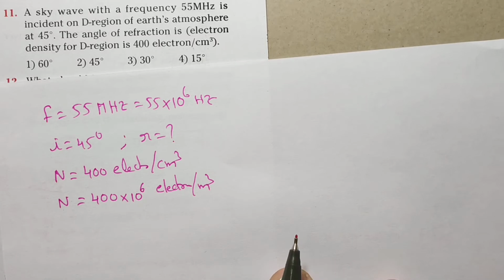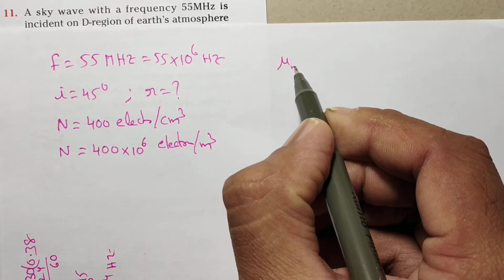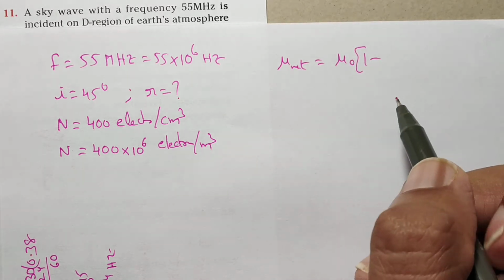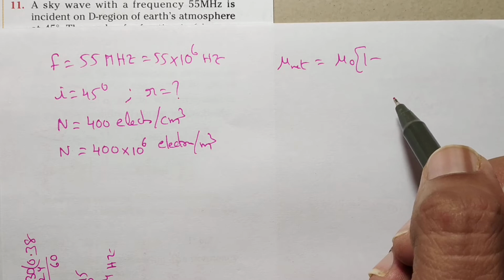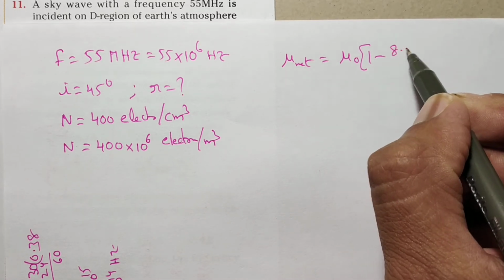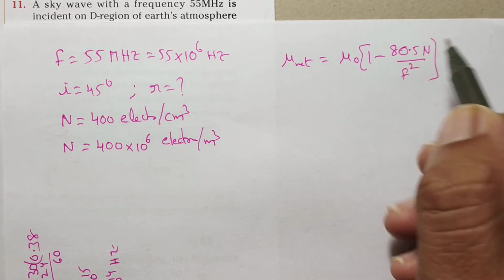First of all we write mu net is equal to mu naught into the square root of 1 minus 80.5 n divided by frequency square.